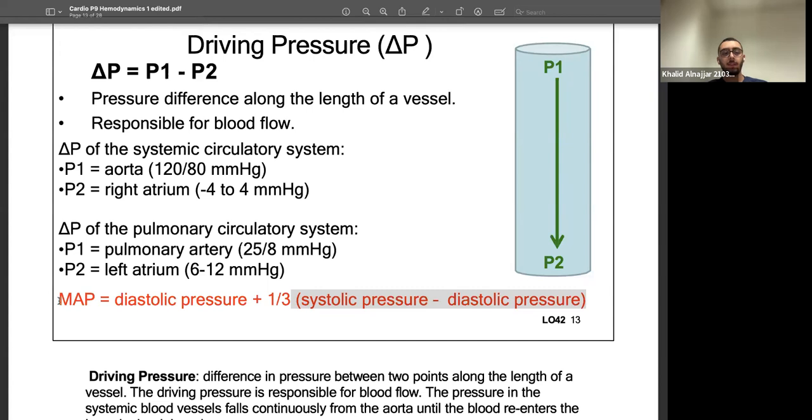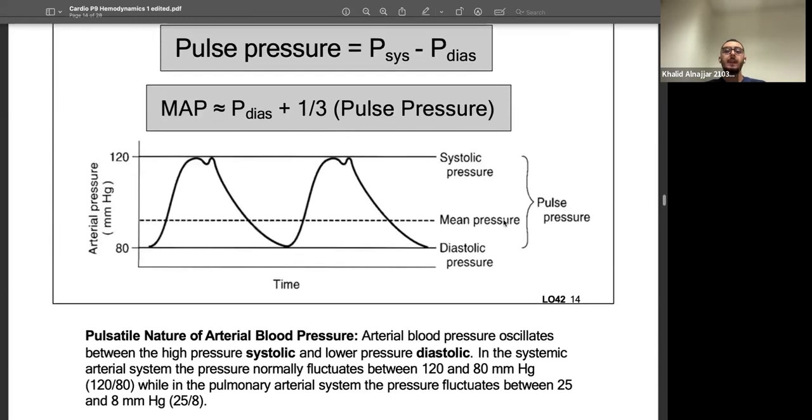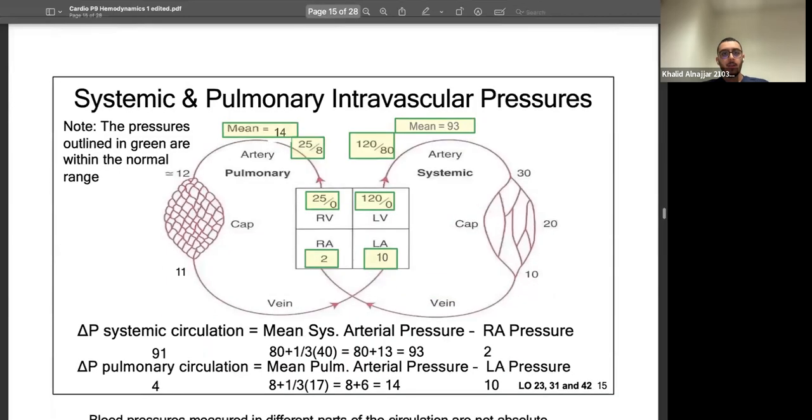If we want to rewrite the mean arterial pressure equation, mean arterial pressure equals the diastolic pressure plus 1/3 the pulse pressure. Why is that? Because the systolic pressure is normally 120, and the diastolic pressure is normally 80, and the mean arterial pressure should be somewhere in between, fluctuating between them. And the difference between them both is the pulse pressure. I hope you understand it.